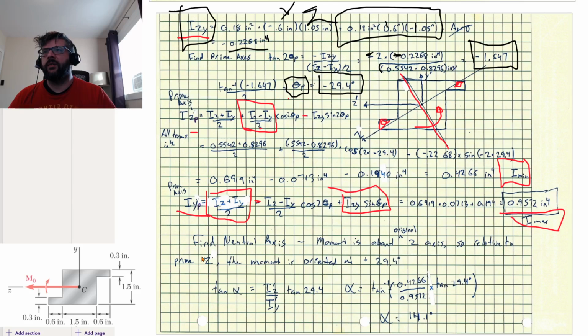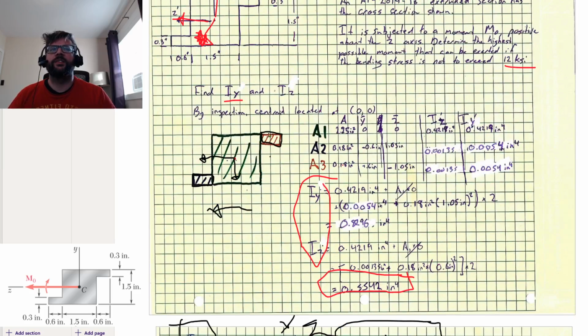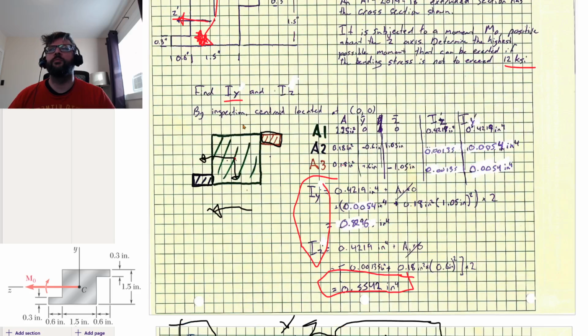If the cross section itself is unsymmetrical, you have to do this transformation first, and then after that you can figure out how the moment affects things.